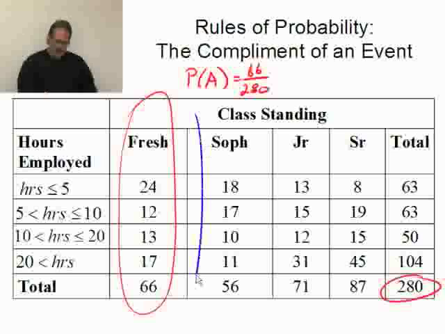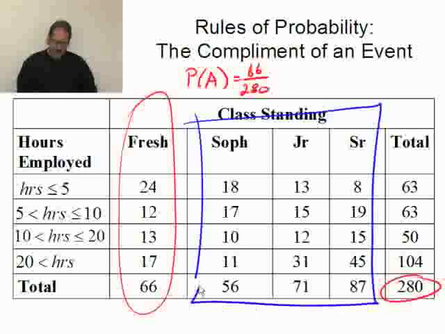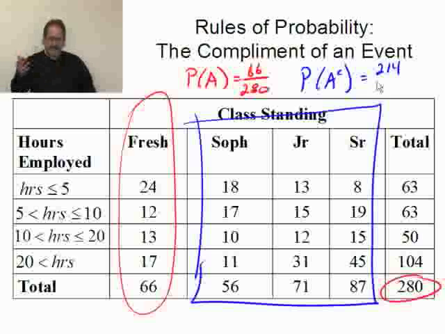So this would be the complement of A. That's everything else that can happen. The probability of A complement, well, if there's 66 that were in A, then there's going to be 280 minus 66, or 214 that are in the complement, divided by 280. So that's going to be the probability of the complement of the event.